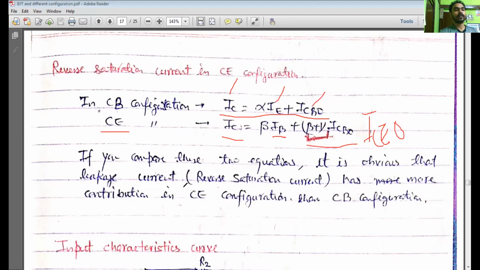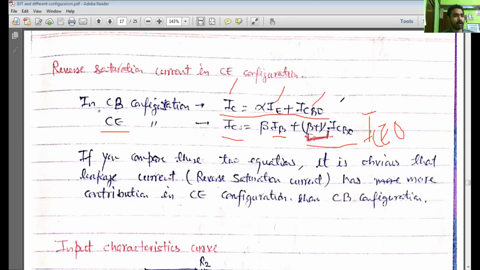Now just for comparing these two terms, you can see that the leakage current in the common emitter configuration is very much higher, because it's multiplied by beta plus 1, and you know beta is more than the minimum value; in the active mode it's of the order of 100.